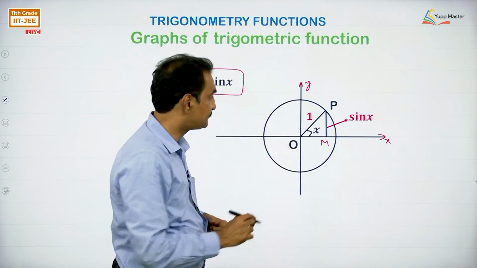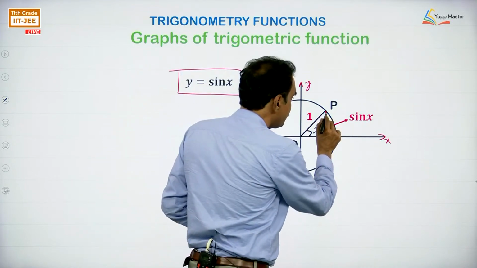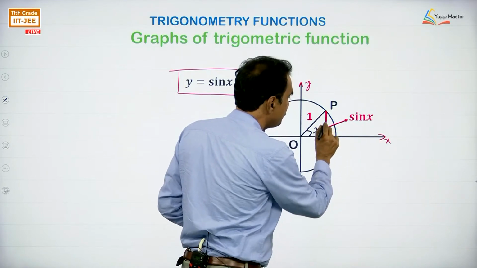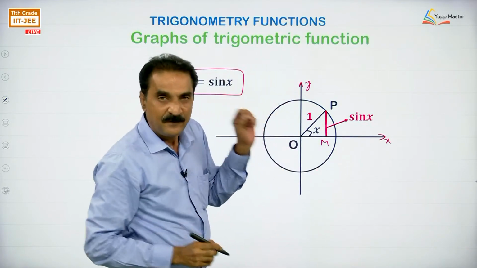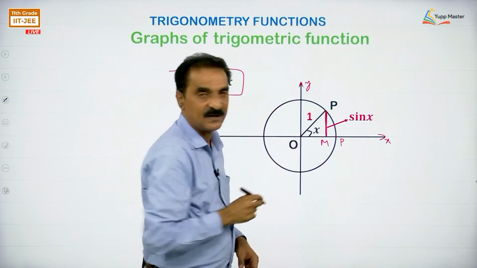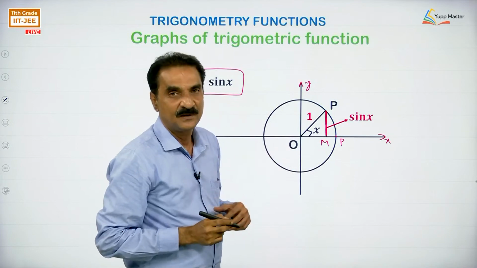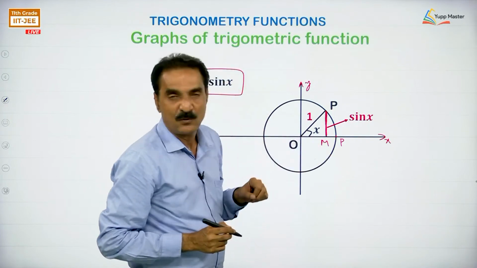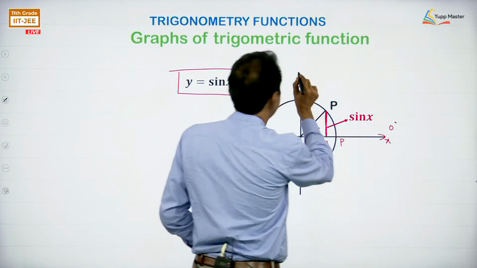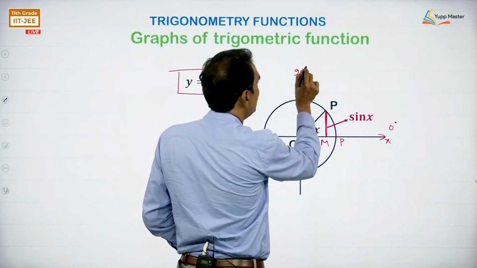Okay. Now, let us mark it with red color. When P is here, what is the length of this perpendicular? It is 0. So, when P is here, what is the angle? This is 0 degrees. This is 90 degrees or pi by 2.